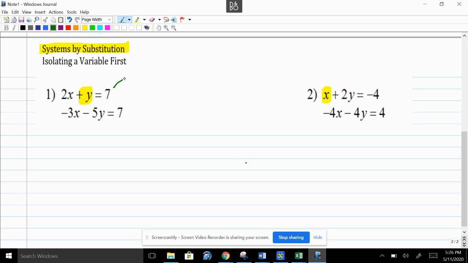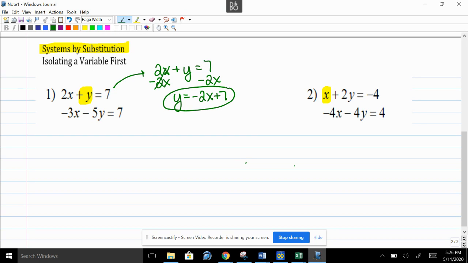So if I pull this equation to the side, I have 2x plus y is equal to 7. Okay, I'm going to isolate that y. In other words, I'm going to get it by itself. So I'm going to move this 2x across. Minus 2x. Now I got y is equal to negative 2x plus 7. So there's your y equals.